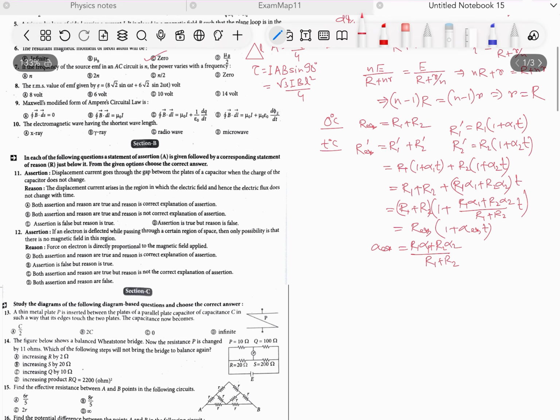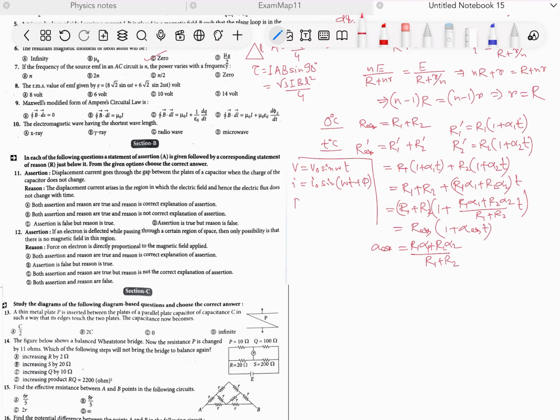Now question number 7. The frequency of the source EMF of an AC circuit is n. The power varies with the frequency like okay. Now if we solve this question, we can write V equal to V0 sine omega t and I will be I0 sine (omega t plus phi).